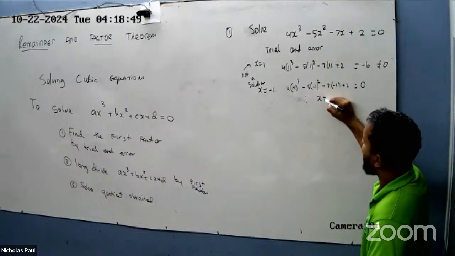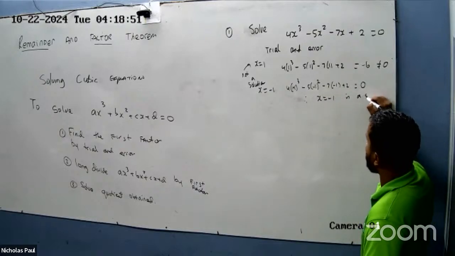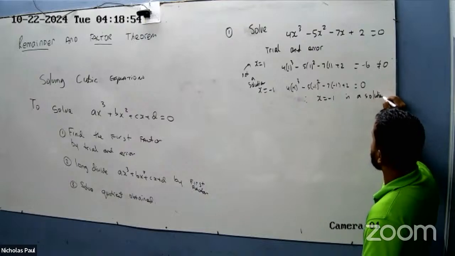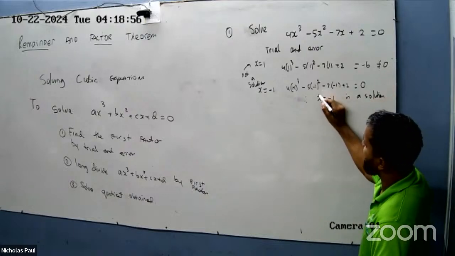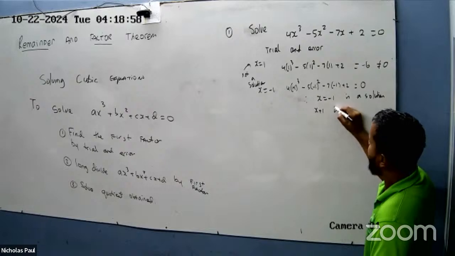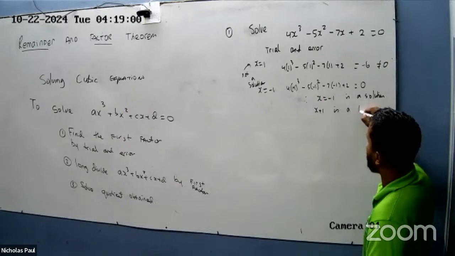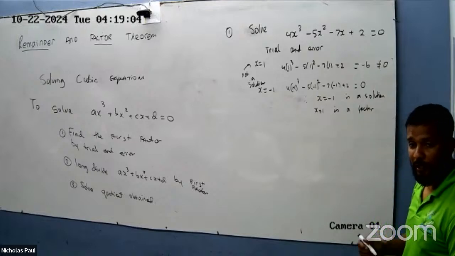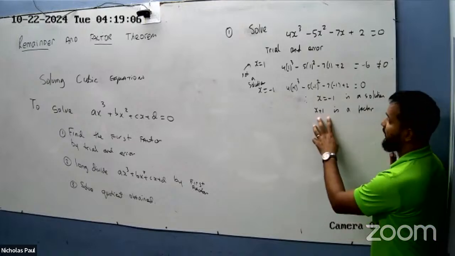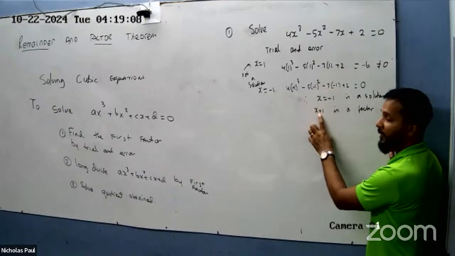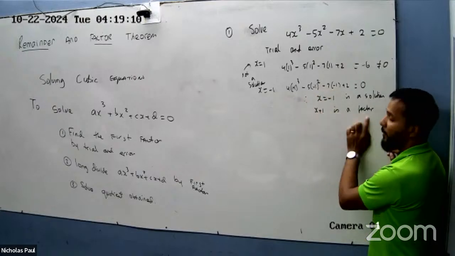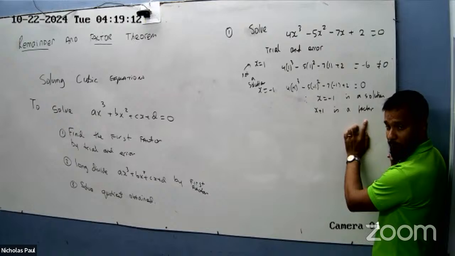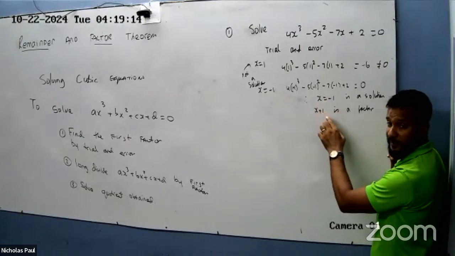Therefore, x equals minus 1 is a solution, and it means that x plus 1 is a factor. So I went in reverse here: took the minus 1, brought it here, and got x plus 1 to be a factor.